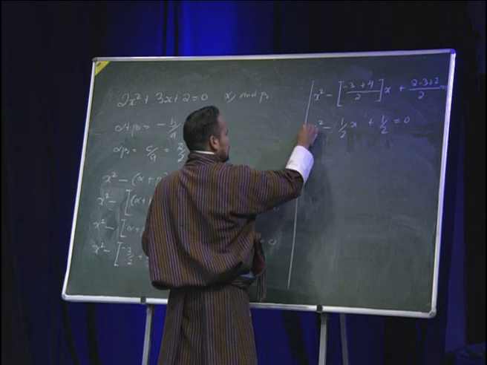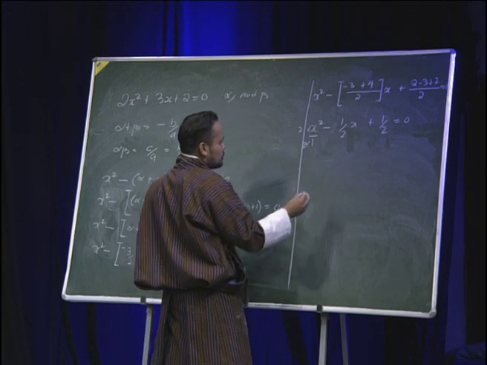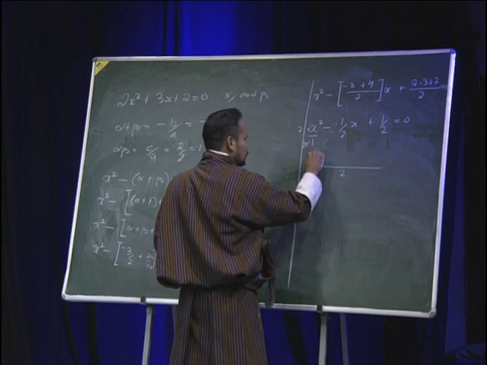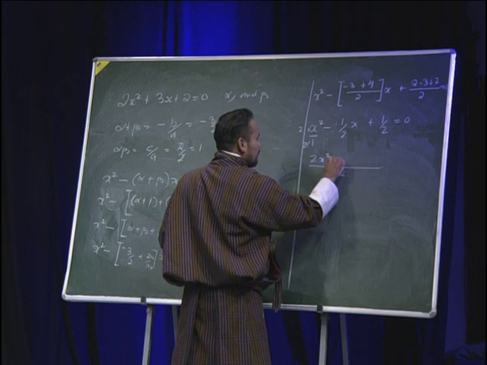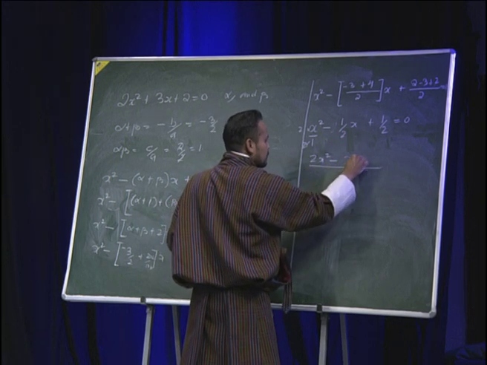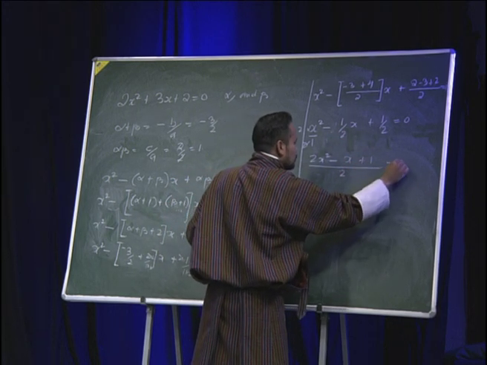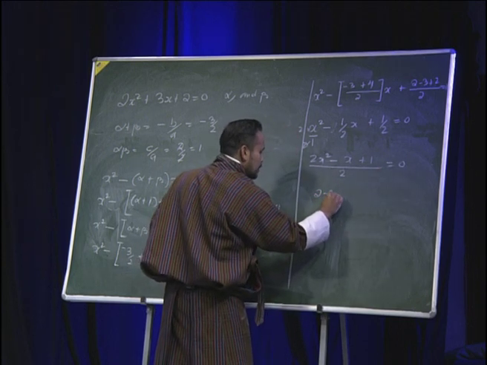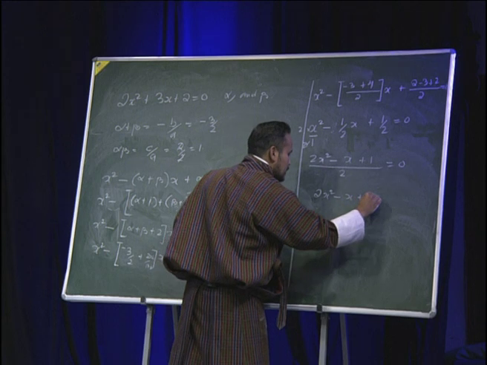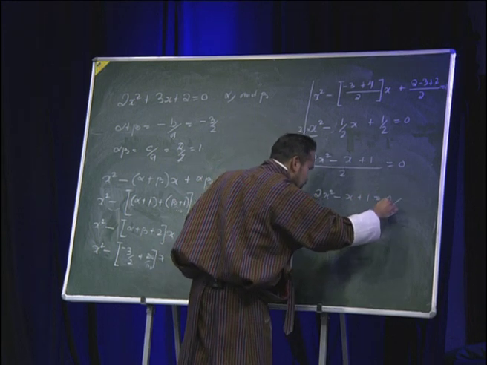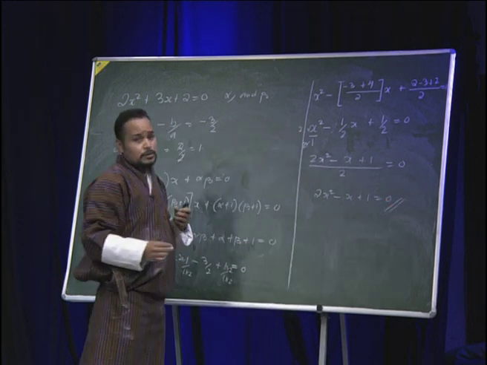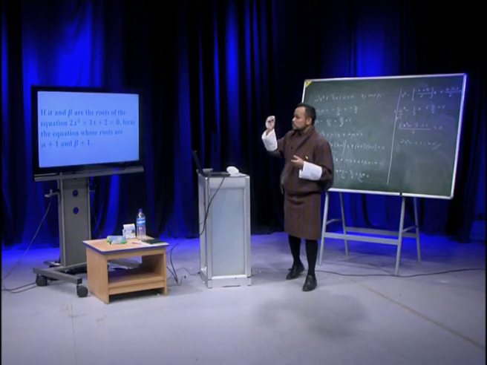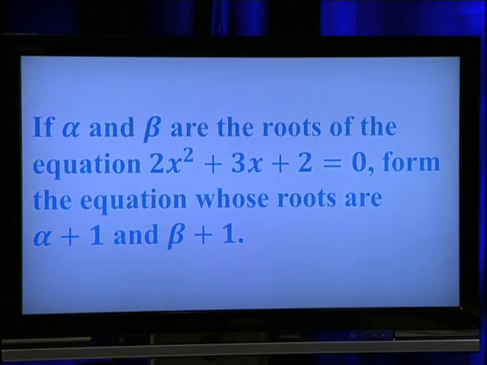So my equation will be, denominator is 2, 2x² minus 1 times x is x plus 1 is equal to 0. When I cross multiply, 2x² minus x plus 1 is equal to 0. This is the quadratic equation having the roots alpha plus 1 and beta plus 1.